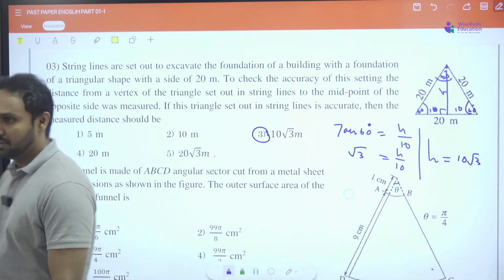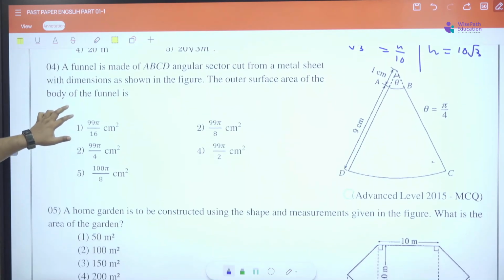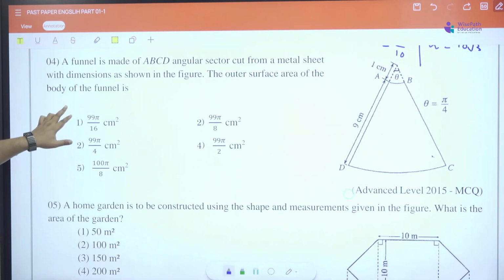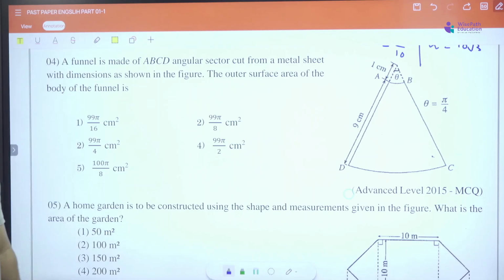Shall we go to the next question? Yeah. Right. Check the next question. A funnel is made of ABCD, an angular sector cut from a metal sheet with dimensions as shown in the figure. The outer surface area of the body of the funnel is, right?